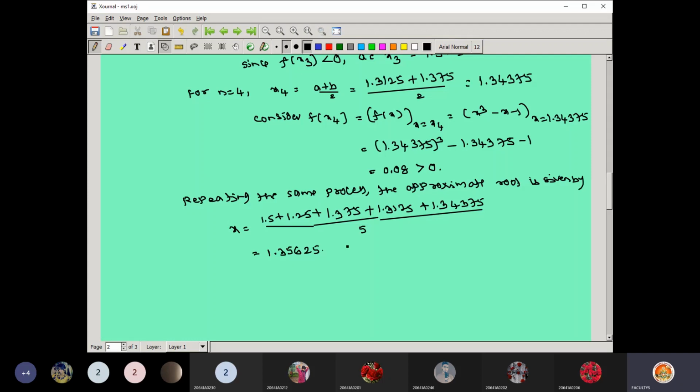So this is the final answer corresponding to the problem. There is no rule that everyone must get this answer, because some candidates may repeat more number of times. So whatever answer you are getting, that is going to give you the approximate root corresponding to the given equation. Have you got the clue here?